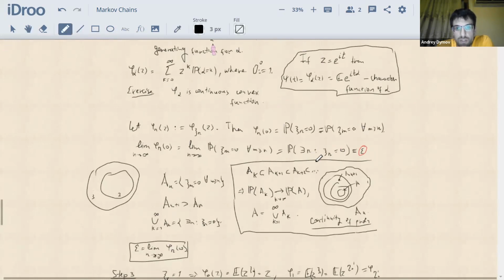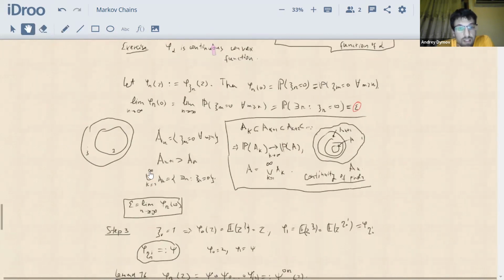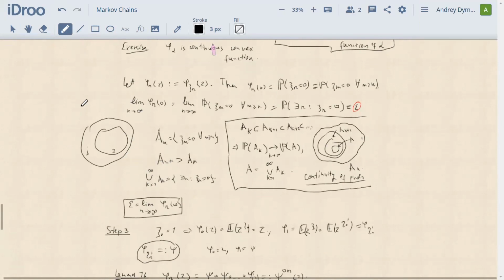This limit exists because this probability is a well-defined probability, because of continuity of probability. Because this event exists, right? Then this event must be this limit. Yes. Okay. Thank you. That's it.